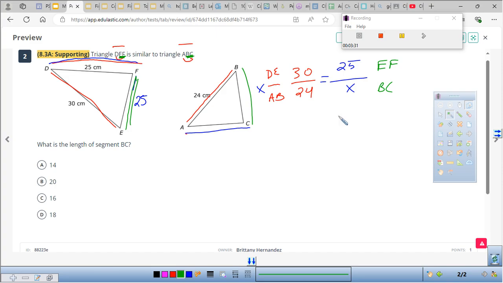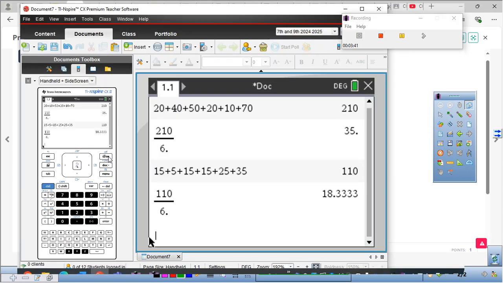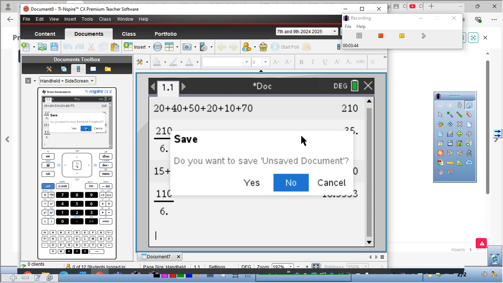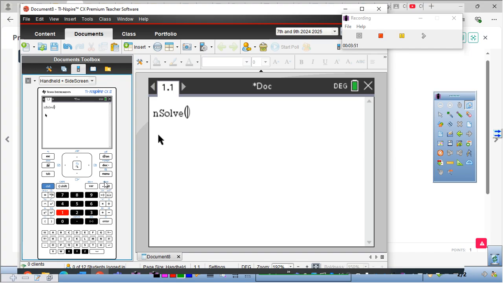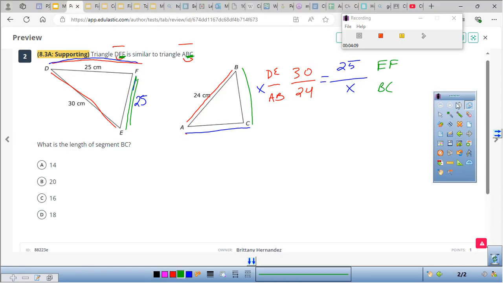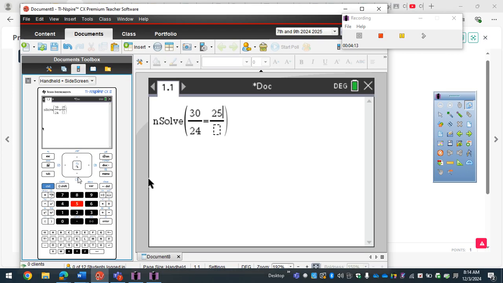I'll work it out right here on the calculator. Start a new document, menu 3, 1, and then the fraction template: 30 over 24 is equal to 25 over X. Then comma X, enter, 20.